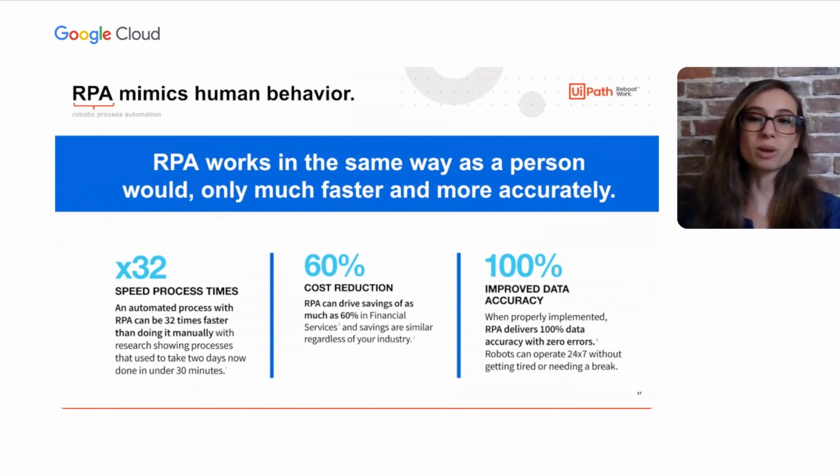Robots don't run into those problems and they don't need coffee. They don't hit that 3 p.m. crash. So our customers are finding that they're able to increase processing speed for processes. They're able to reduce cost and they're able to increase data accuracy, all while freeing up humans to do more creative things and taking the time that they were previously using on these processes to focus on more strategic outcomes for their business.